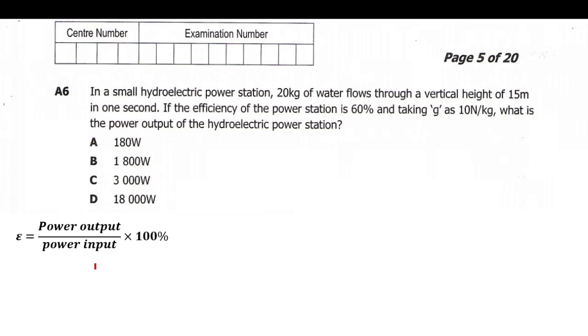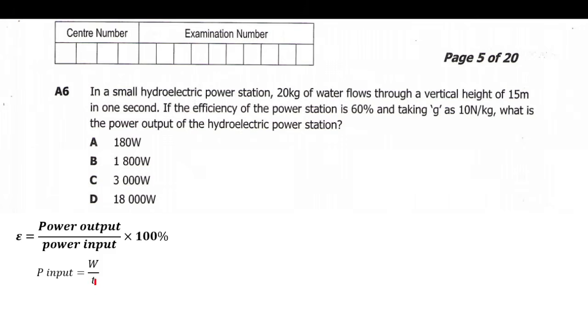So here, first of all, we need to calculate the power input. So power input is actually generated from the water that is falling through a vertical height of 15 meters in 1 second. So here we'll say power input is equal to work over time.